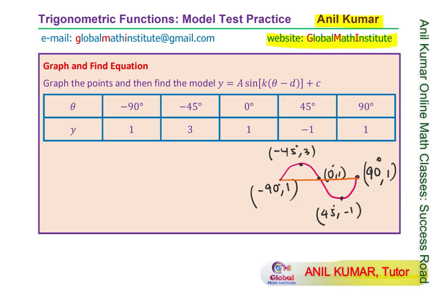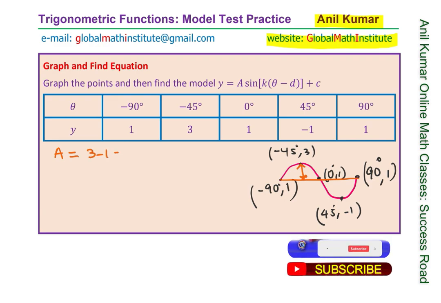We know that in the formula we use, y equals a sin(k(theta minus d)) plus c, the a value, the amplitude, is how far it is from the axis. So 3 minus 1 gives us a value of 2. Now, k is related to the period.